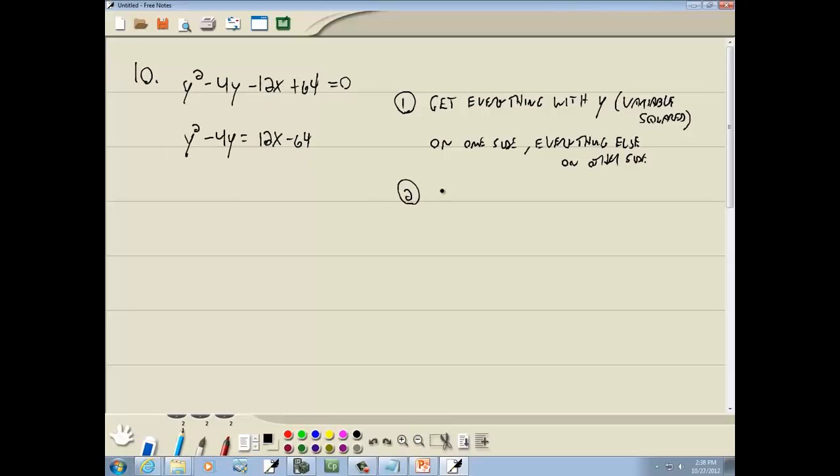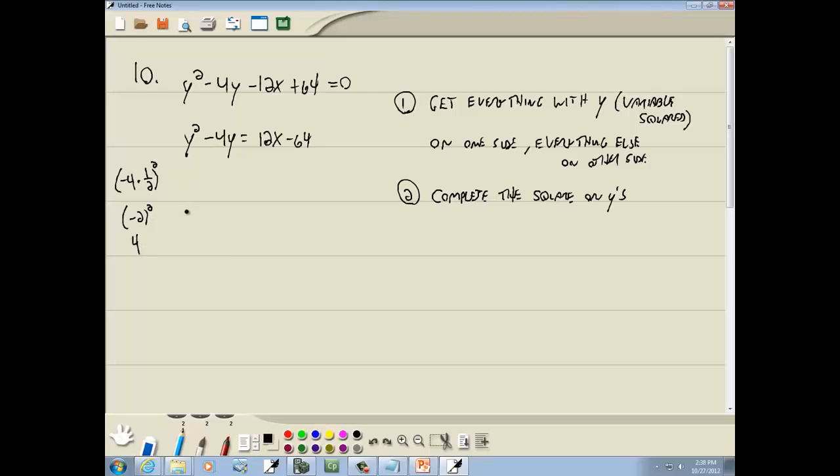We want to complete the square on the y's. Now to complete the square on the y's, we take the number that's before our y, which is negative 4. We always multiply it by half, and we always square it. That's completing the square. Negative 4 times a half gives us negative 2, and negative 2 squared gives us 4.